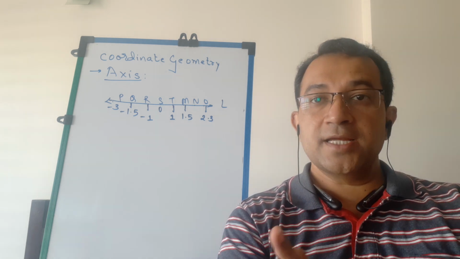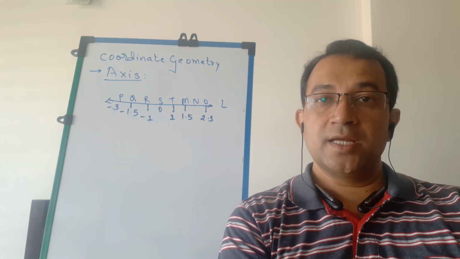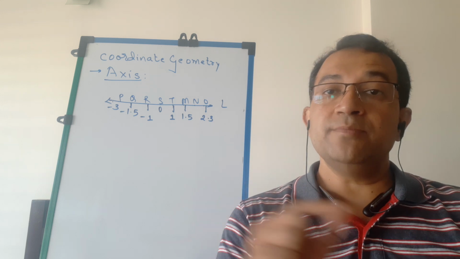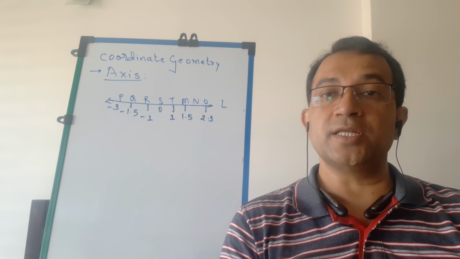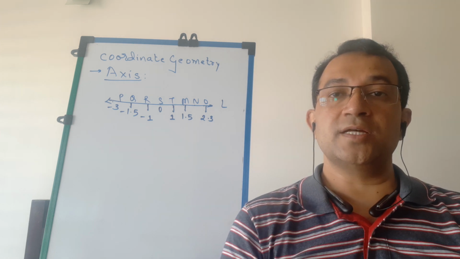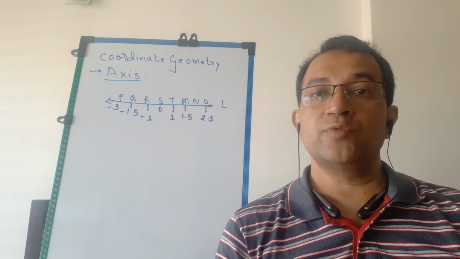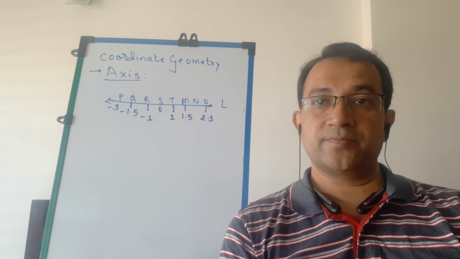Say if I write triangle ABC, I am dealing with 3 sides and 3 angles. But if I write triangle ABC along with coordinates of A, B and C, say coordinates of A are 1, 2, coordinates of B are 3, 5 and coordinates of C are say minus 2, 7. Then I am specifying points along with coordinates, so I am dealing with coordinate geometry.